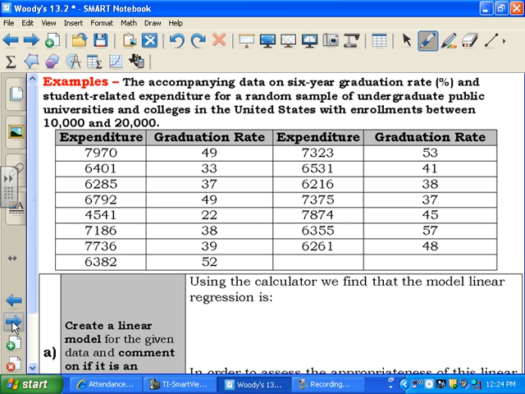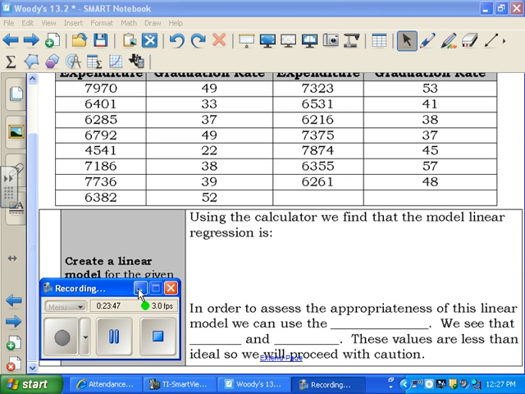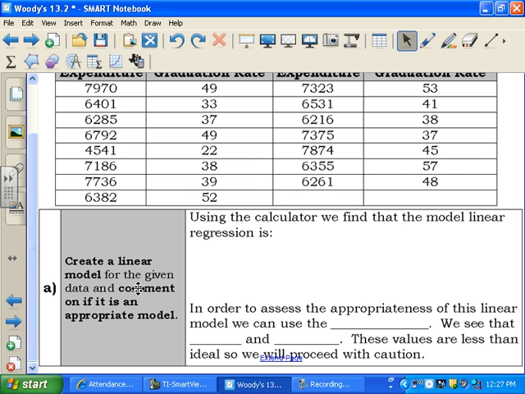You guys go ahead and get this down in your calc, and we're going to go from there. All right then. Make sure your data matches mine. Let's see.